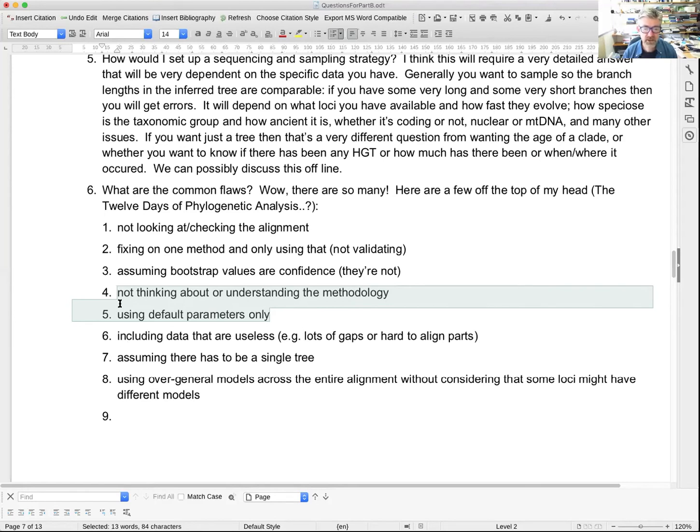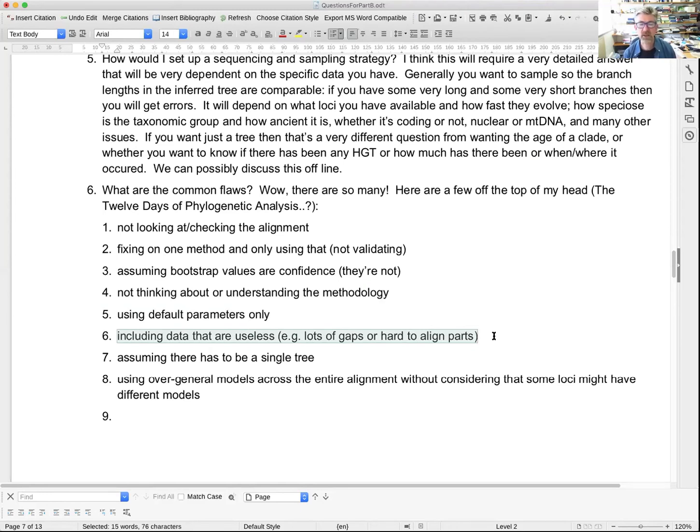Point 6, I've done 4 and 5 together. Point 6, one problem I've seen many times, and one quite recently we'll have to redo a tree for, is including data that are useless. The mentality being that I've got my data, it took a lot of money to get the data, I've got some parts of my sequence from that particular taxon, and I should include it.